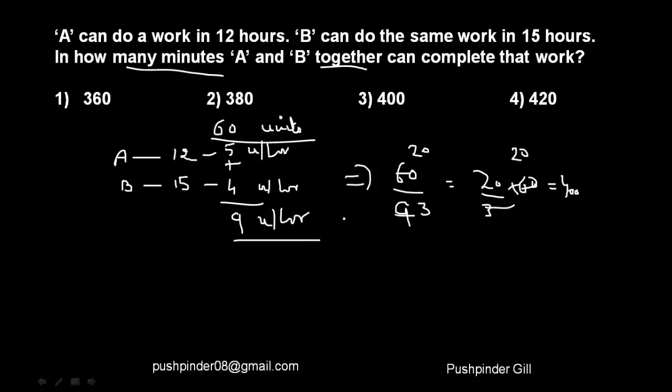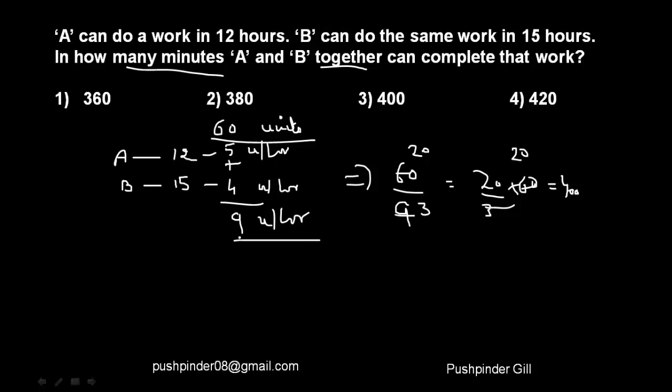Now, guys, it's pretty simple what I did. Let me just take a quick recap. A can do the job in 12 hours. B can do the same job in 15 hours. So I assumed the work to be of 60 units. A can finish the task in 12 hours, that means he finishes 5 units every hour. B can finish the task in 15 hours, that means he finishes 4 units every hour.